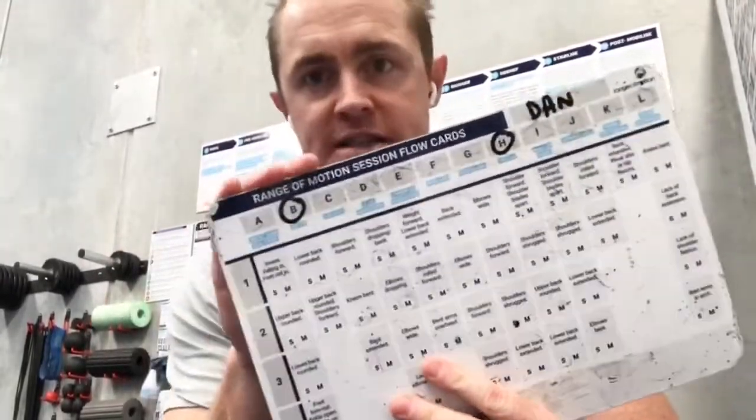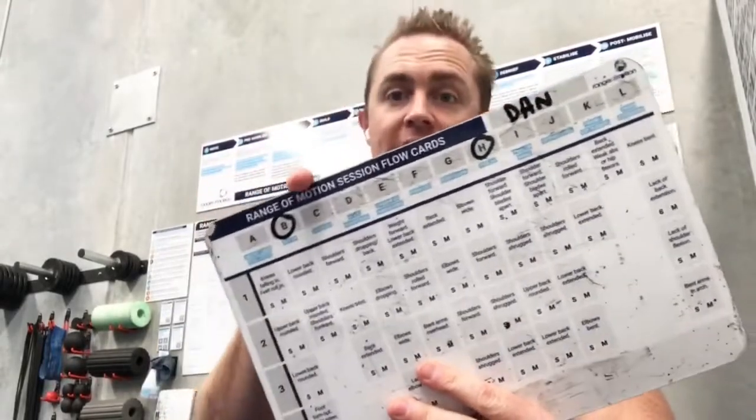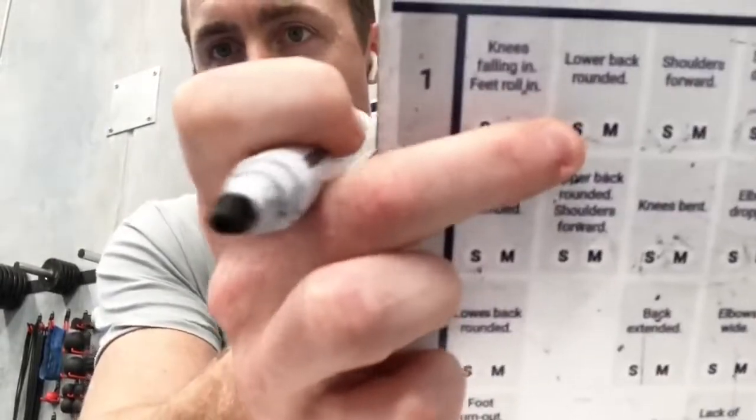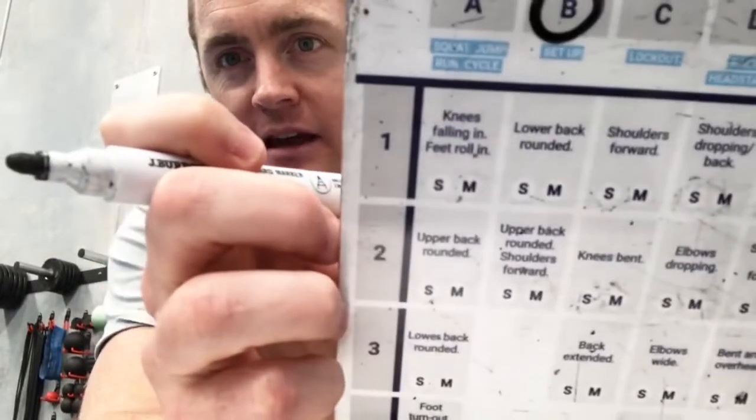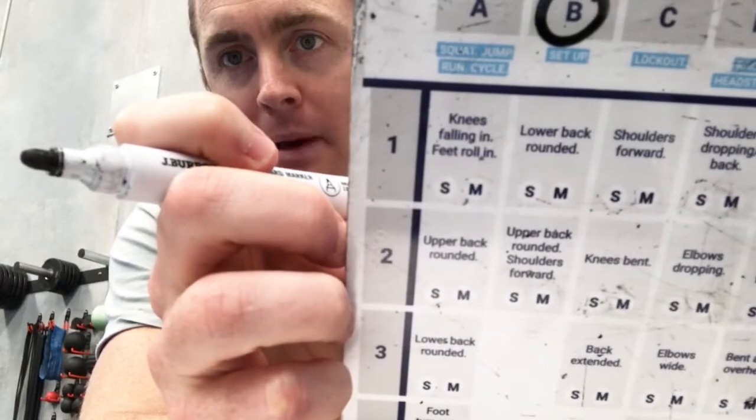We're going to triage this and say, front of the catch as someone's rowing, either the lower back's rounding or the upper back's rounding, which is going to be the biggest problem. I'm going to say, because it's the example we've just used, that it's the lower back that is rounded. And you can see here, we have options S and M. S for stability, M for mobility.